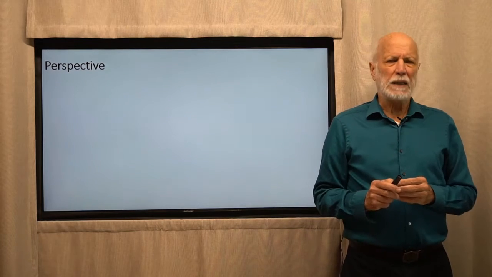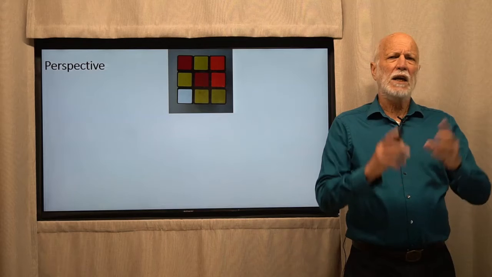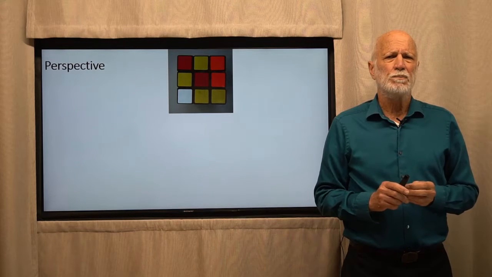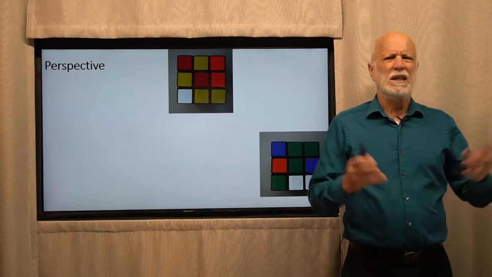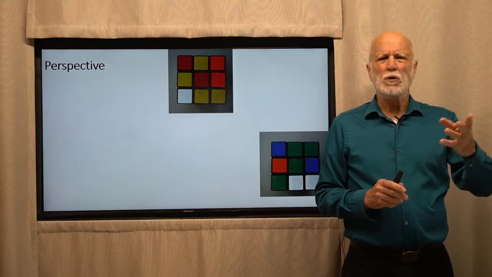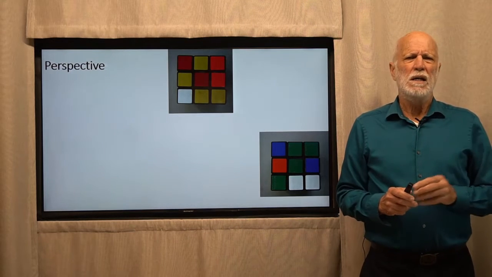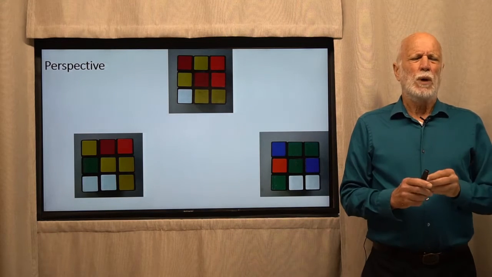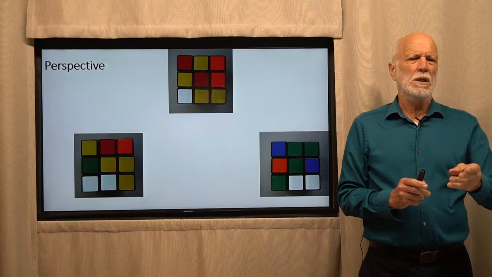Next is perspective. Someone looks at something and says, I see some yellows and some reds and a few oranges. And they turn to somebody else and that second person says, I see the orange, but don't you see the greens and the blues? Then you turn to a third person and they say, I see the green, I see the yellows, I don't see a blue.